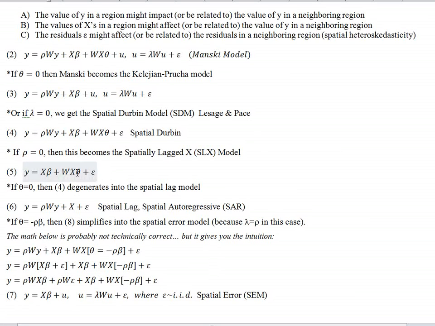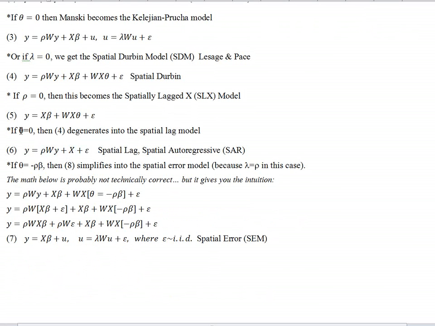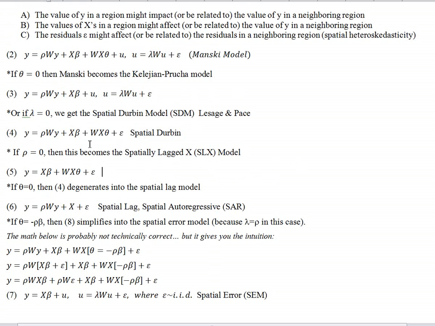If instead we take the spatial Durbin and we let theta equal 0, we can get rid of the spatially lagged x's if they're not needed, and then we just have the lagged y's.